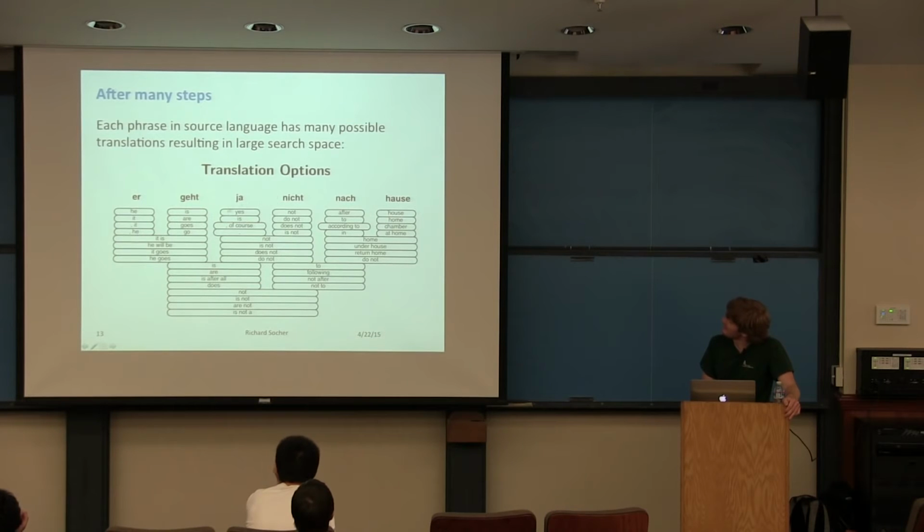And like I said, "ja nicht" could translate to "yes not" if you just look at the single words, but oftentimes you could also say, well, maybe those together translate to "does not," and if you have multiple people, "do not," and so on. So now you have all these potential translations. And "nach Hause" is an interesting one too. "Hause" could be house or home, or even chamber, or just "at home," and then there are multiple combinations.